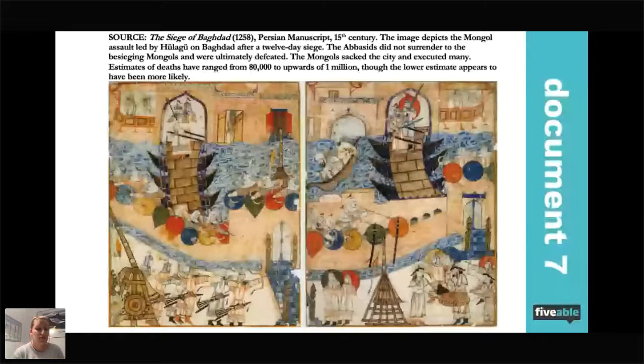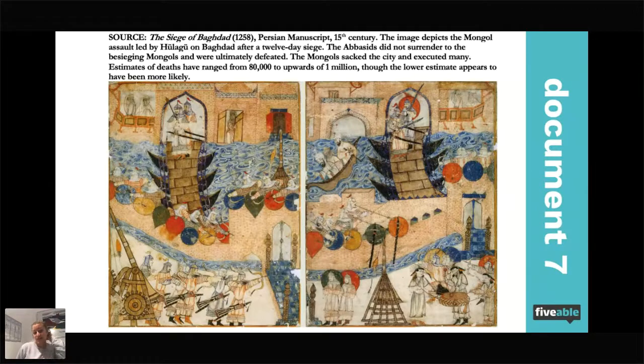Estimates of deaths have ranged from 80,000 to upward of 1 million, though the lower estimate appears to have been more likely. So again, what stands out the most on this? Is it the intended audience or point of view?